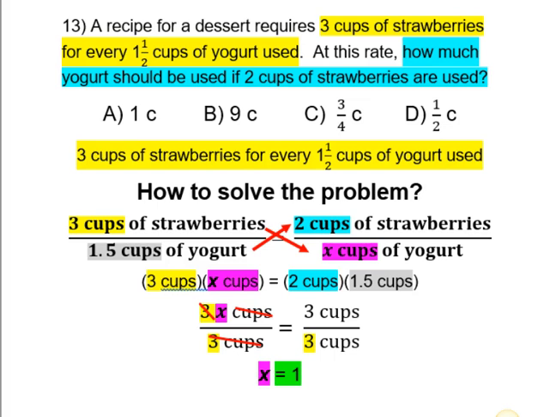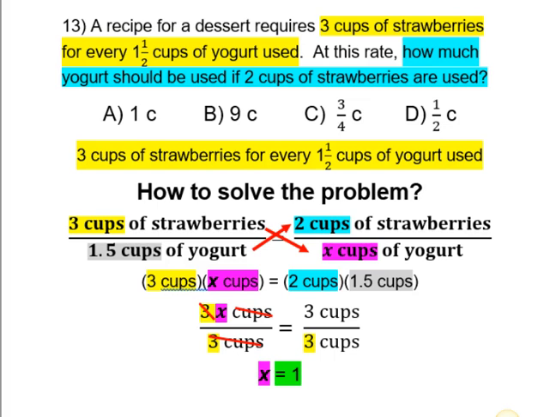Once we cross multiply, we'll have 3 cups times x cups equal to 2 cups times 1.5 cups. We're cross multiplying in order to find out the value of x, which is how many cups of yogurt we need to use. Once we do that and we divide by 3 on both sides, x is equal to 1.